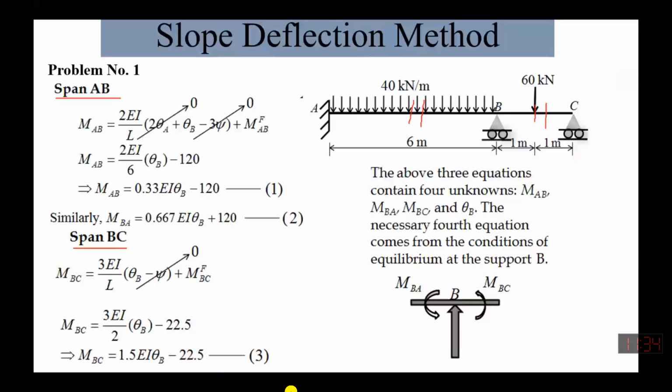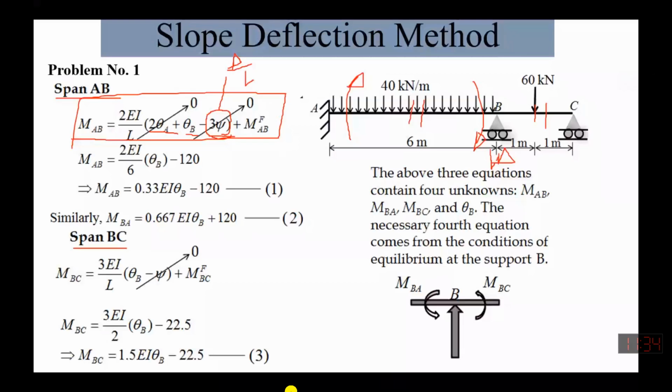We'll write the slope deflection equation 2EI over L into 2 times theta A plus theta B minus 3 psi. This psi will be equal to delta over L. So whenever there is a settlement over here, this psi will come into play. Otherwise it will remain equal to 0, as in this case.